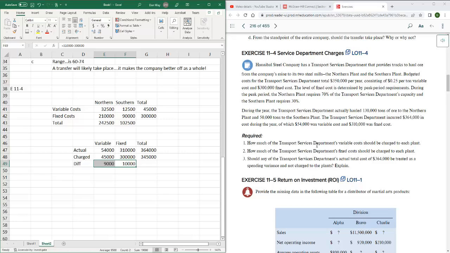If you knew everything was going to be covered by the internal customer, no matter what the costs run up to, there would be no incentive to control costs or to be efficient in any way. Okay, so these differences, we're going to say yes, treat as the spending variance and not charged off to the plants. It's just going to affect the bottom line of that Transport Services Department.